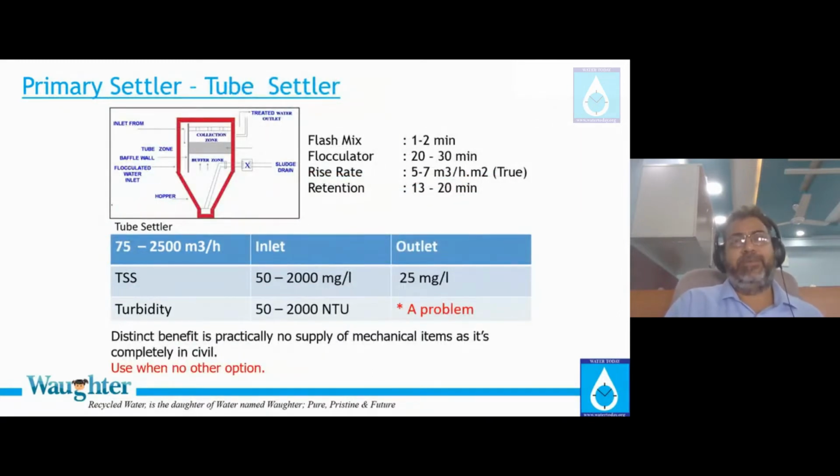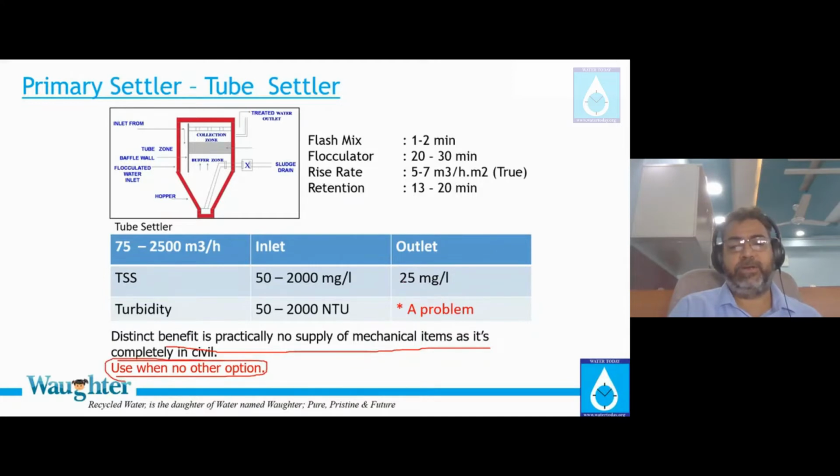Approximately the same time, 92, 93, the tube settler came in India. It's a good equipment. Distinct benefit is practically no supply of mechanical items, as it is completely civil. But a good thing, you can use it when there is no other option. Why?